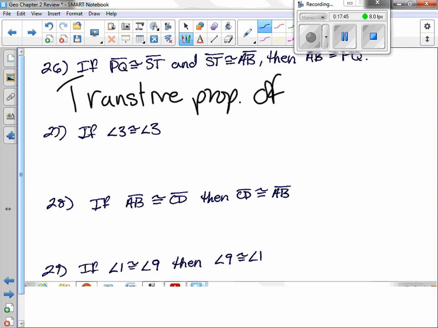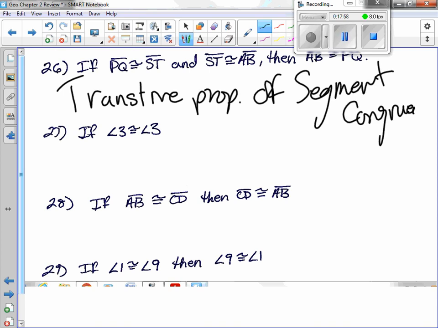Of what? Because what are they? They are segments and they are congruent. I would like you to put segment congruency, but you're definitely going to need congruency, because if you put equality, I'm going to mark it wrong. It is not equality, it is congruency.